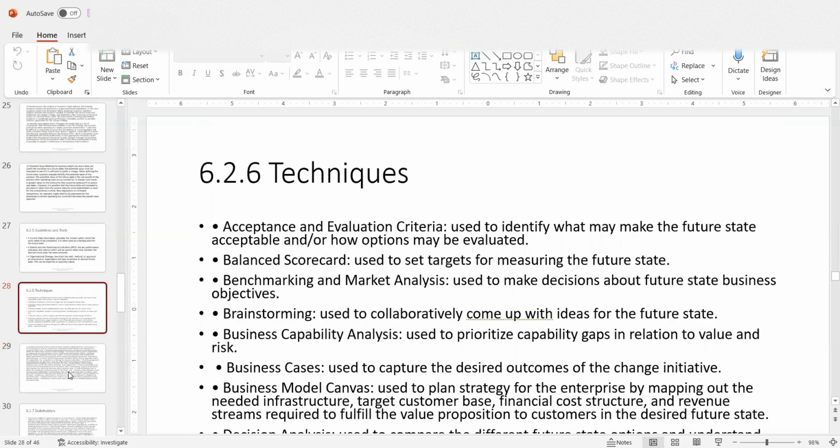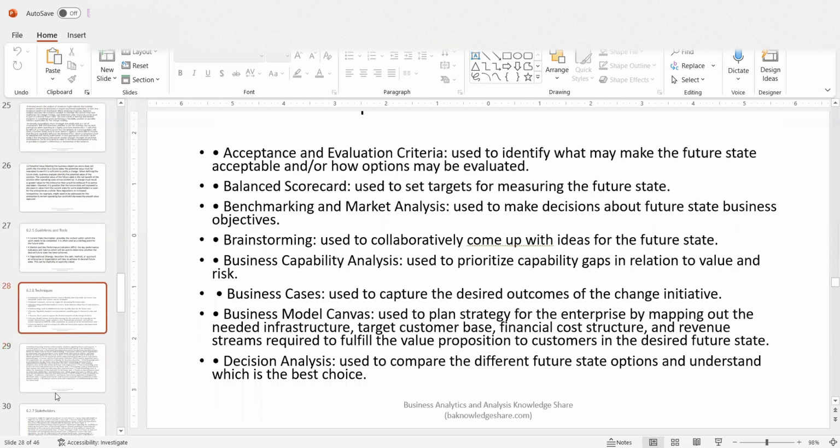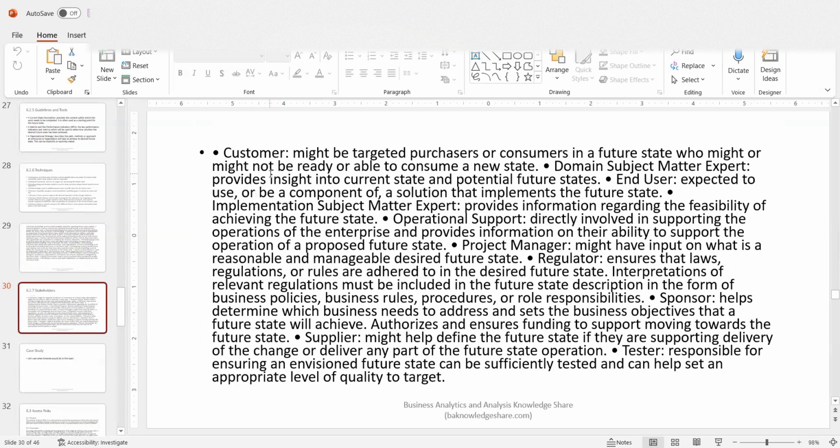She uses various techniques. She uses business capability analysis, business model canvas, and she has a whole toolbox of tools that she can leverage. In this case, she looks to various stakeholders: customers, domain subject matter experts, end users, operational support, project manager, regulator, sponsor, supplier, tester.